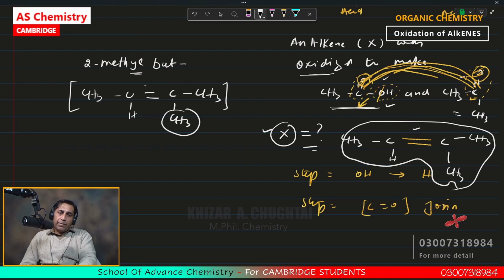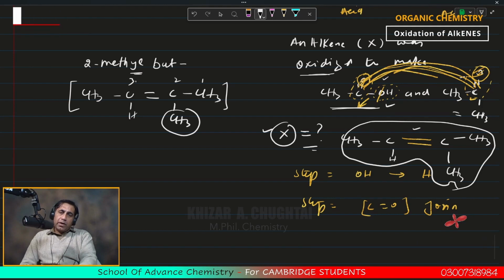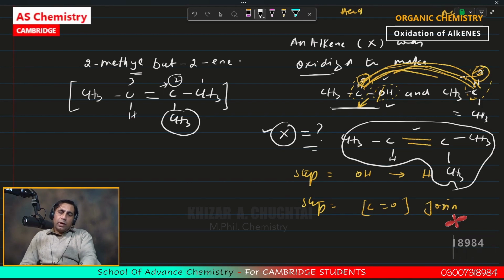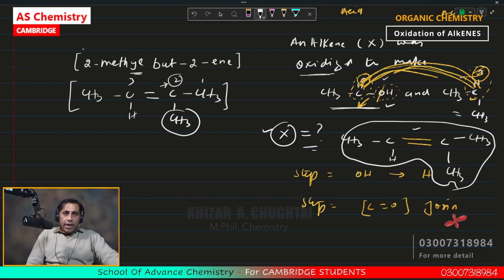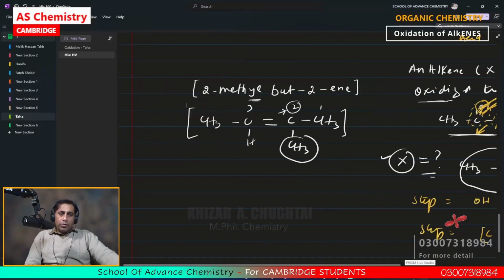What is the position of the double bond? Good, second. Because it's lying between 2 and 3, the smaller number will be the position of the double bond. Butene, ene for double bond. So that is the name of this compound, and that's all about this oxidation.